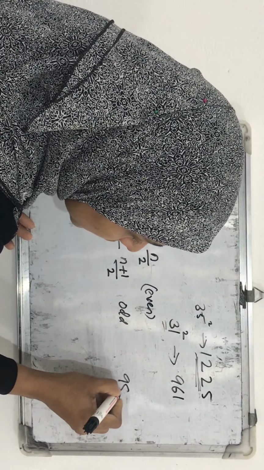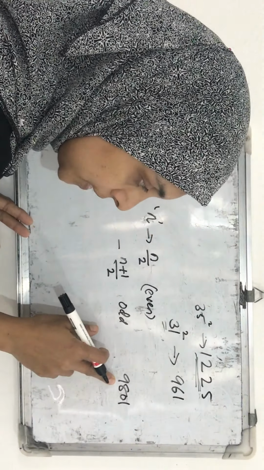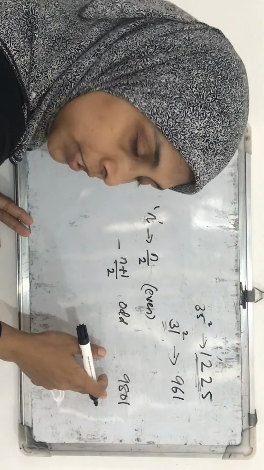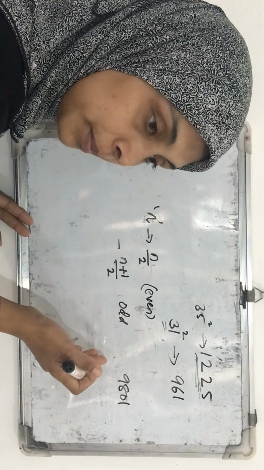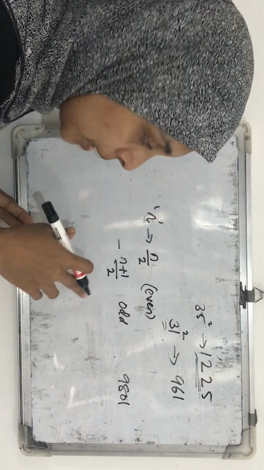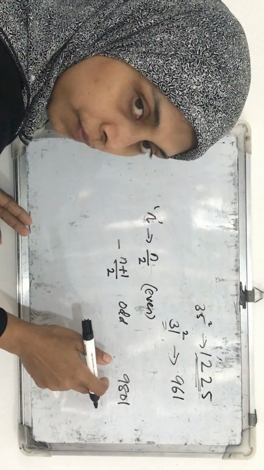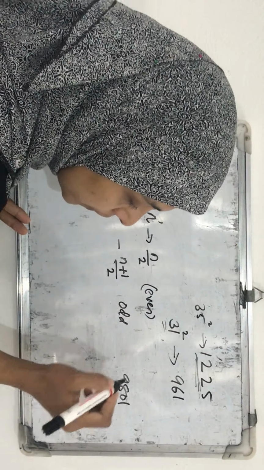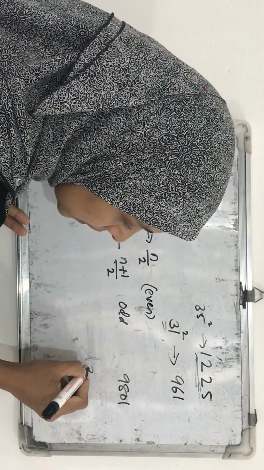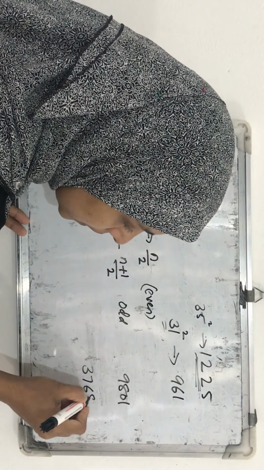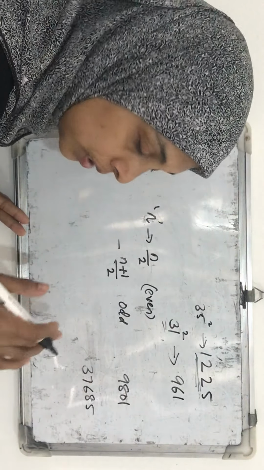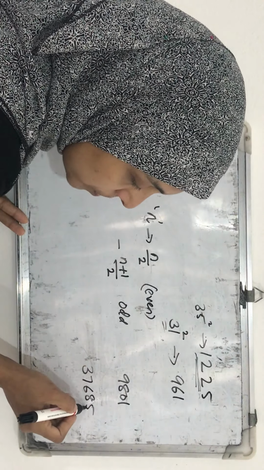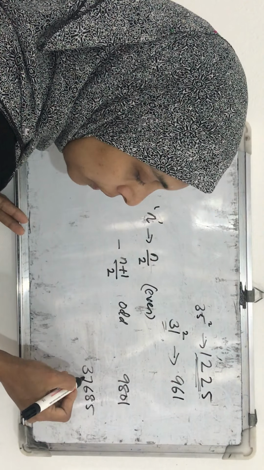Another number, 9801. How many digits are there? 4 digits. 4 is an even number. So how many digits will be in its square root? n by 2, because it is 4. Now suppose any other number, 376085, a square number. Here how many digits are there? 1, 2, 3, 4, 5 digits.